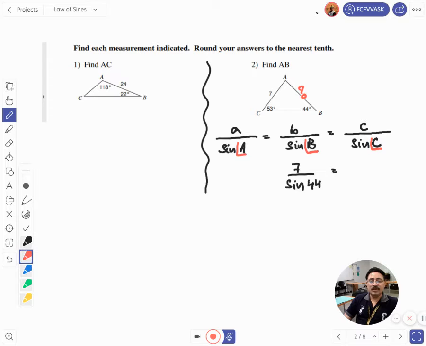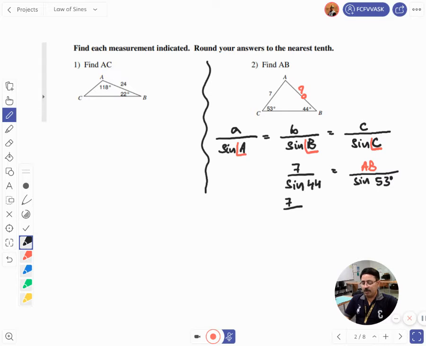So that is AB, which we don't know, over sine angle C. I see that it is 53 degrees. You may make use of the online Desmos calculator. I'm using my TI-84 calculator. So 7 over sine 44.